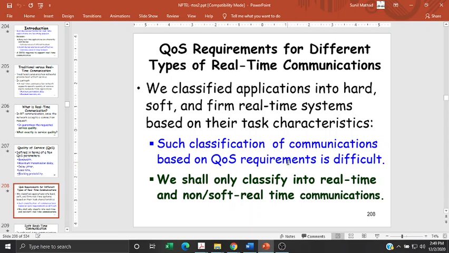We classified applications into hard, soft, firm real-time systems based on their task characteristics. But that may not be very realistic to map onto the communication aspect. There is only a classification: it is real-time or it is not real-time. If something is voice-oriented, or live streaming, video or audio, then you may say that is more real-time communication.